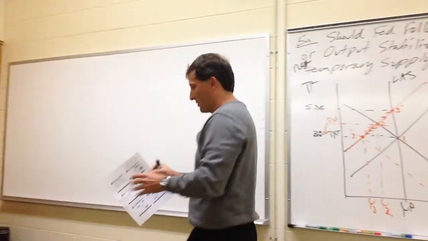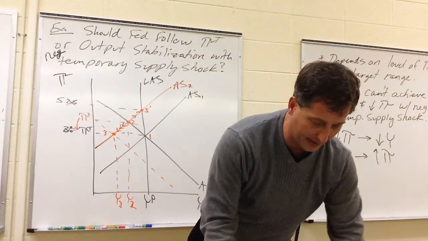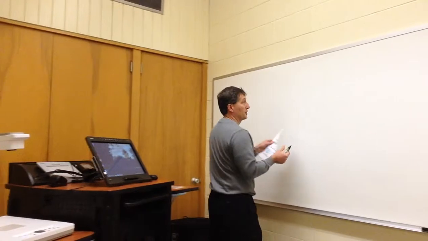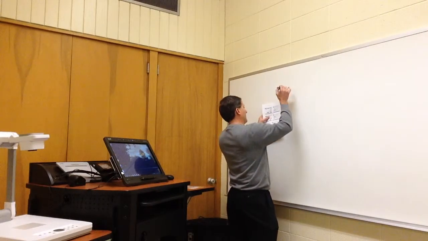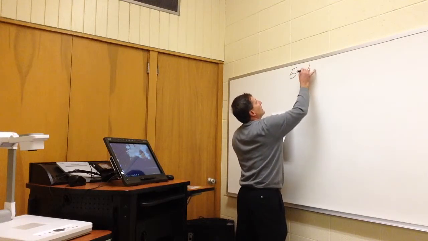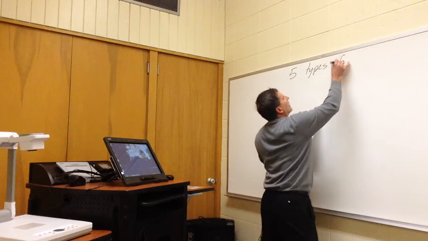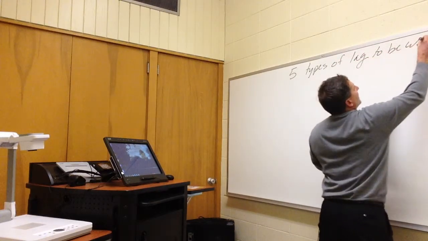And there are all sorts of lags to think about that economists have identified. And ultimately, economists try to measure these lags through econometrics. So we've got 5 types of lag to be wary of.